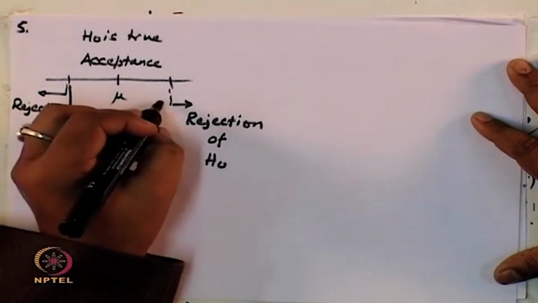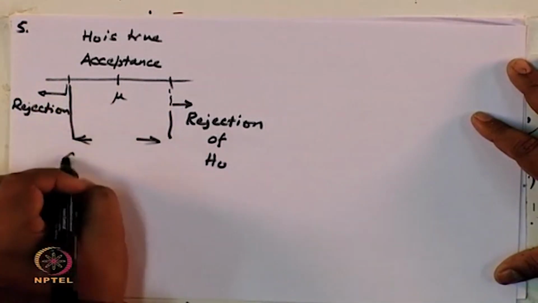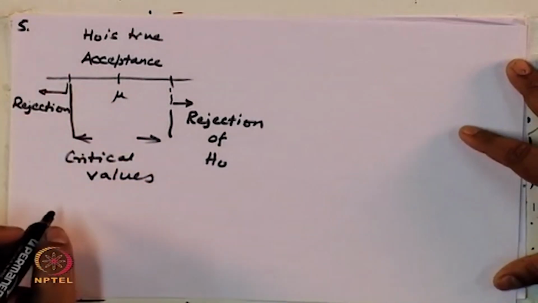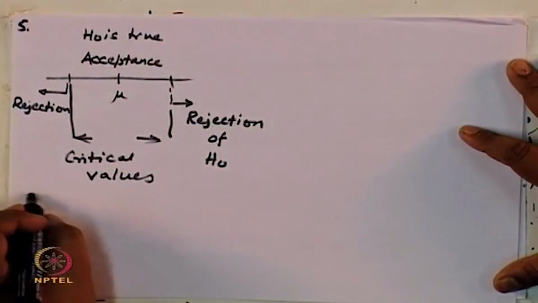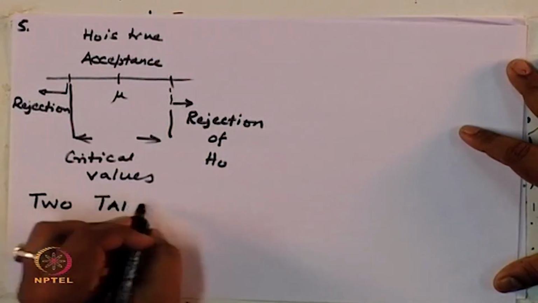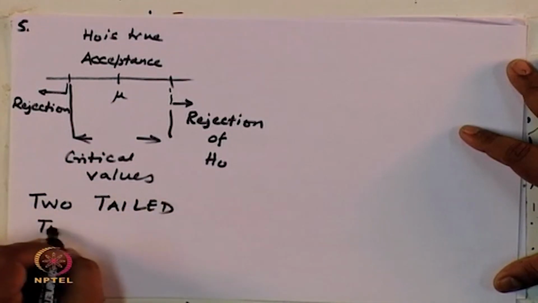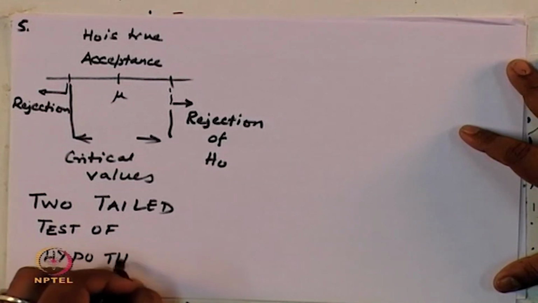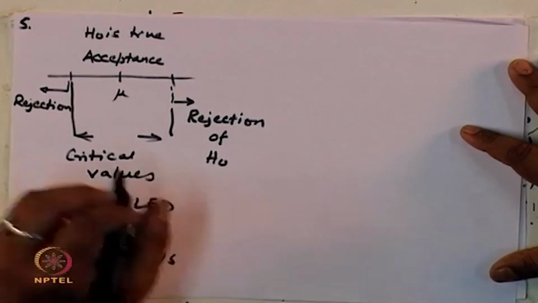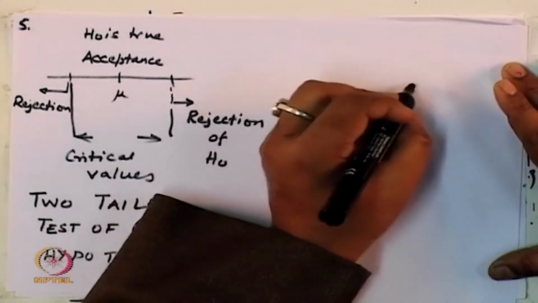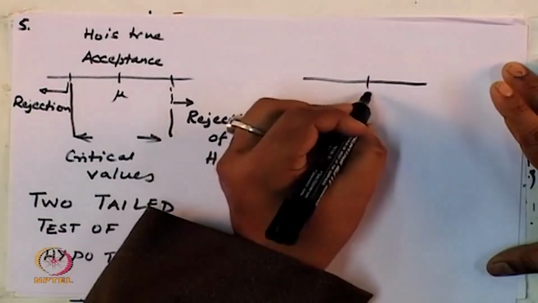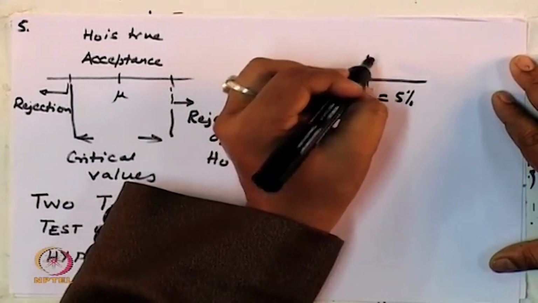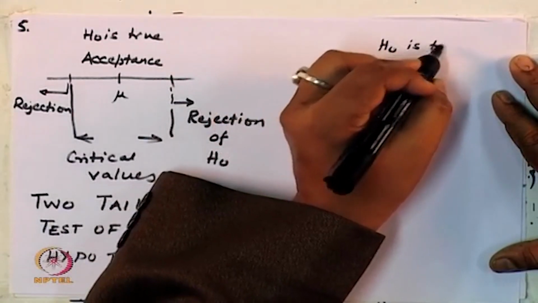These values are referred to as critical values, and this test, because you have 2 zones possible, is called a two-tailed test of hypothesis. In the other example we had discussed briefly, you have a fraction f of 5%, which corresponds to H naught being true.